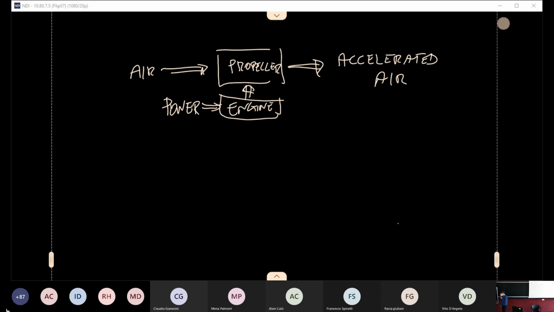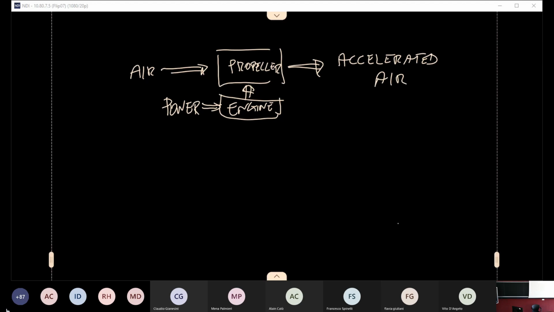If we consider an air-breathing engine, we have one step less, because the engine and the device accelerating the atmospheric air are a single part.